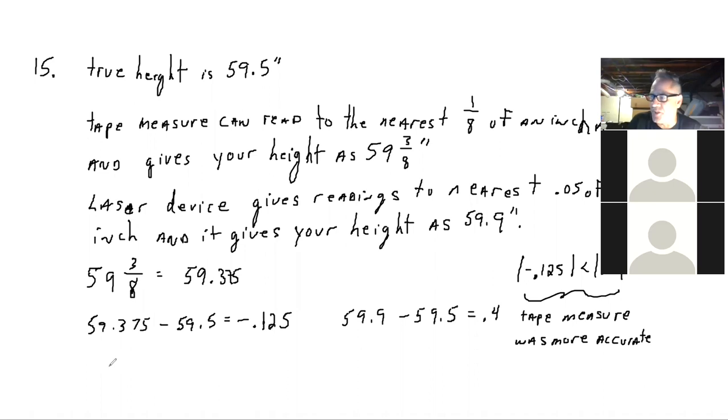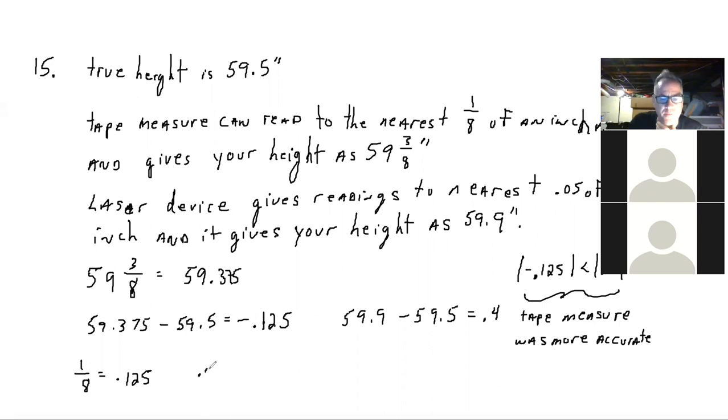Now, in terms of precision, the tape measure was precise to the nearest what? 1/8. Right, that was given right there. And 1/8 in decimal form is 0.125. The laser, in this case, was to the nearest 0.05.